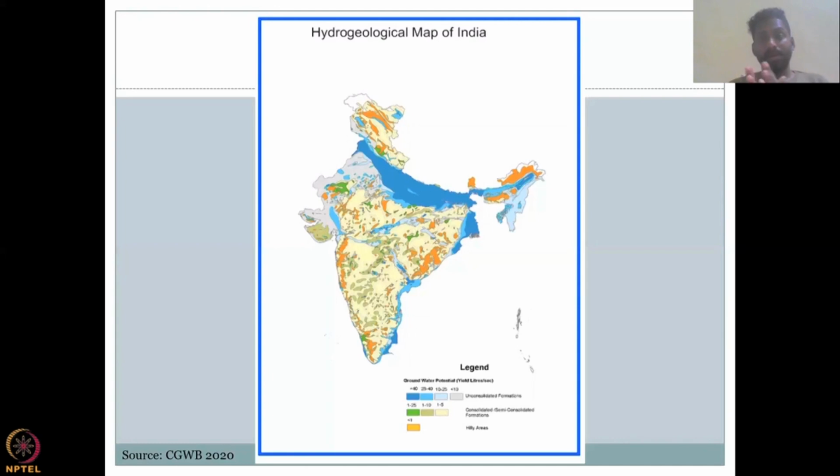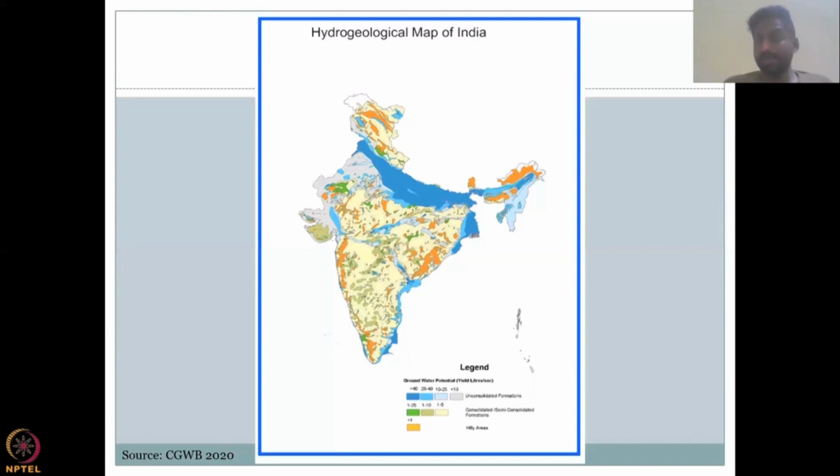When it is semi-arranged or arranged in a particular fashion, then the porous space is less. When the space where water can enter is less, then the extraction is also less. So this is the understanding that the Central Groundwater Board wanted to give in a hydrological map, which is based on the porous space as a function of the consolidation of the formations.